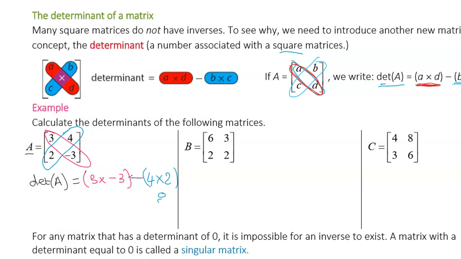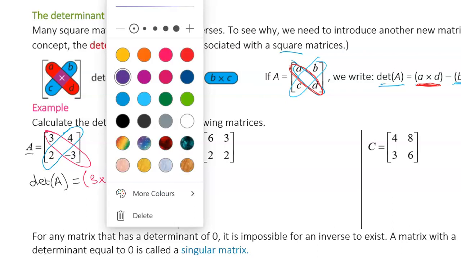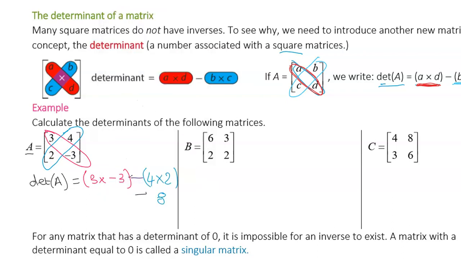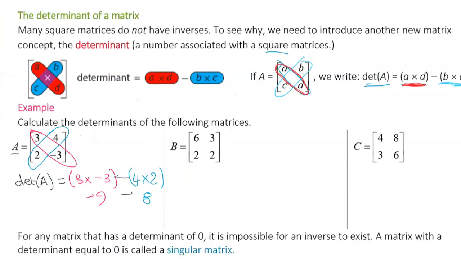Okay, so 4 multiplied by 2 is 8. 3 multiplied by negative 3 is negative 9.